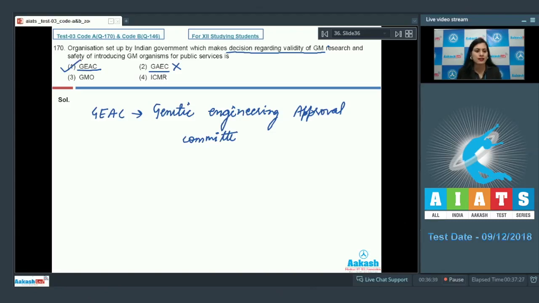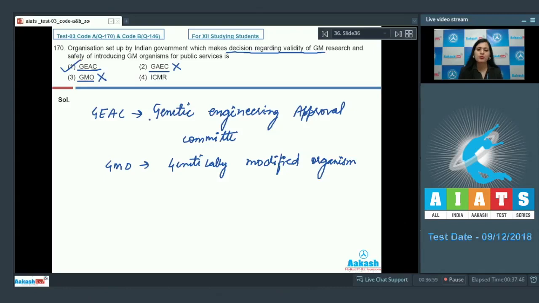The third option given is GMO, and GMO stands for genetically modified organism. So this is an incorrect option. And the last option given is ICMR.